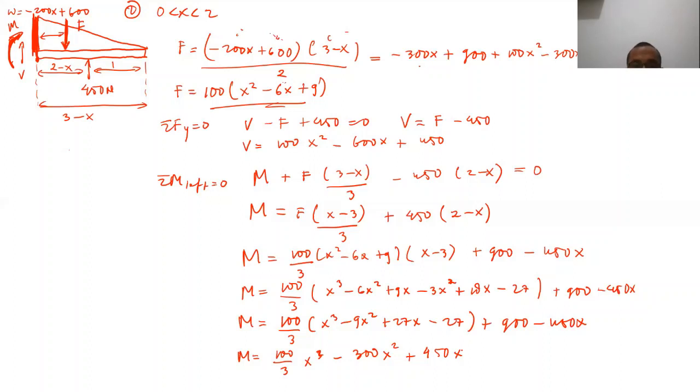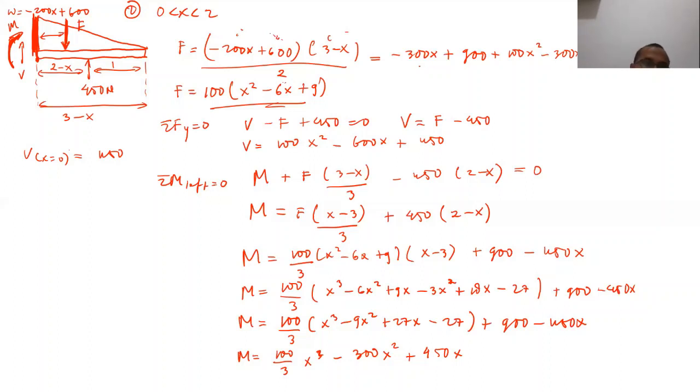Then we have to check at x equal to 0. What is the value of V here? The value of V will be 450.